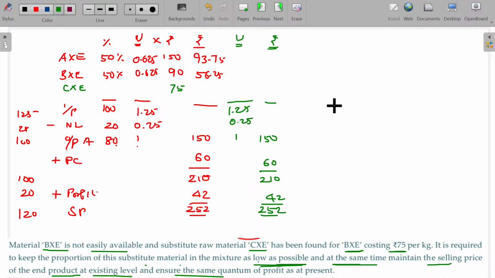Now what happens here? This is also 150, isn't it? I assume X quantity of AX is used, and Y quantity of CX is used.